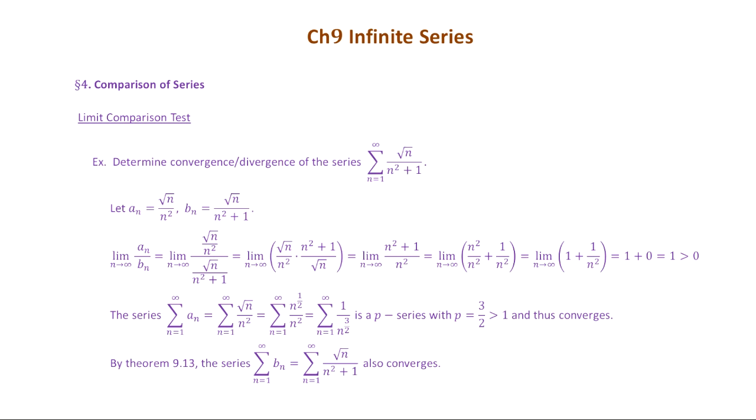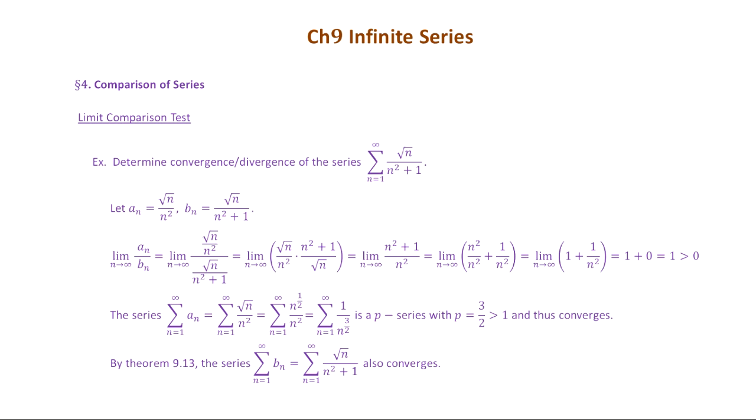And we just drop the 1 in the denominator and get another series, and we call it a_n. So a_n is just square root of n over n squared. Actually, you can name either one a_n or b_n. It really doesn't matter, because at the end, they will have the same order of convergence. So I just follow this procedure of the limit comparison test.